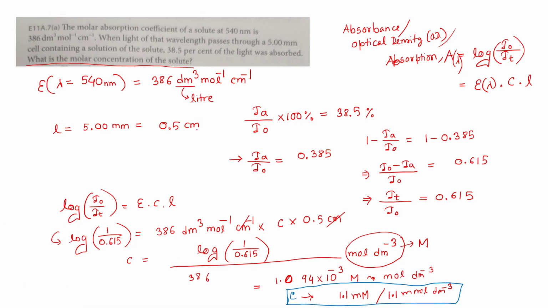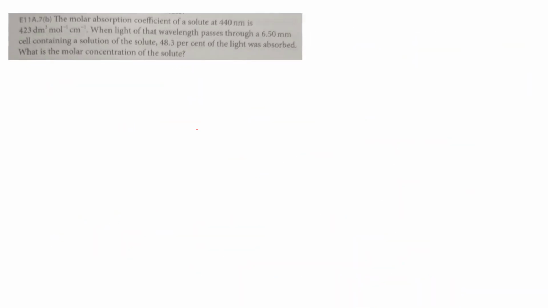Now I'll go to the next question, and you will see the question reads the same. Instead of 540 nanometer, now it is 440 nanometer. But none of this is an important thing. The thing is that epsilon is given. This is your epsilon, right?